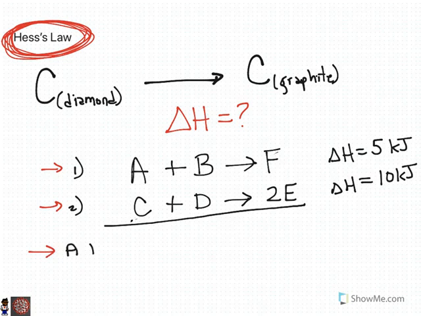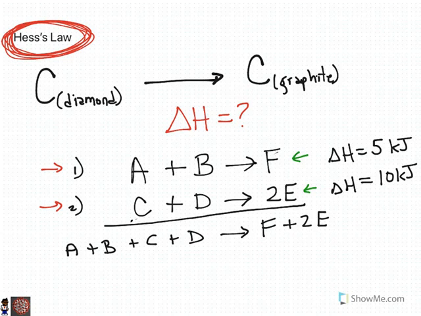So we've got A plus B plus C plus D yields, and then your products on both of the reactions become your overall products over here. So we get yields F plus 2E.